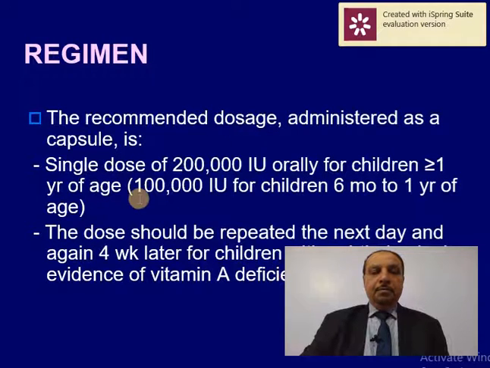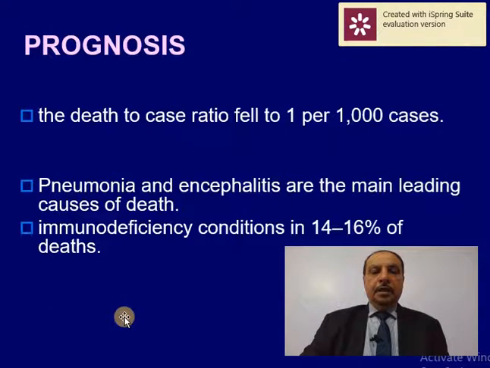This is the regimen we usually give: after the age of 1 year, 200,000 international units orally, while those 6 months to 1 year we give 100,000 international units. We can repeat the dose the next day and again 4 weeks after in children with ophthalmologic evidence of vitamin A deficiency.